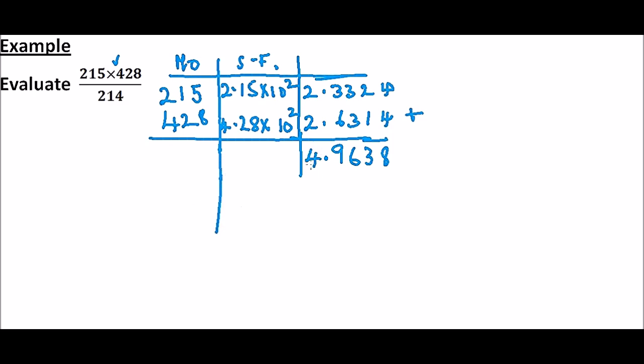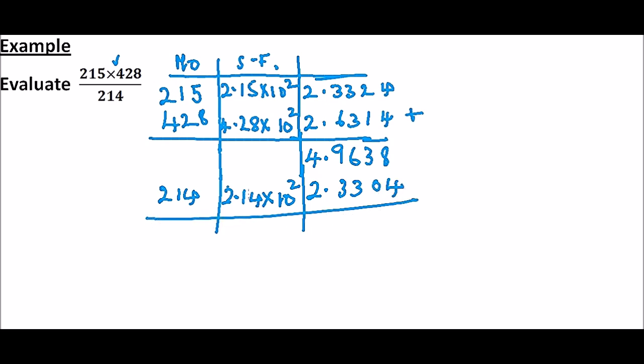Now we are supposed to divide the product of this by 214, so we put 214 there. When you write it in standard form, it is 2.14 multiplied by 10 power 2. The logarithm of 10 to power 2 is 2 point. A logarithm of 2.14, we get it is 3304.